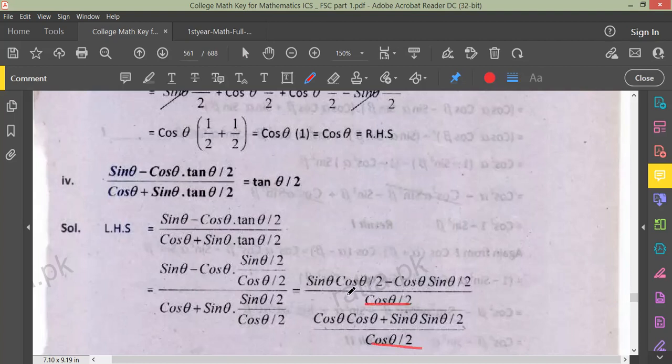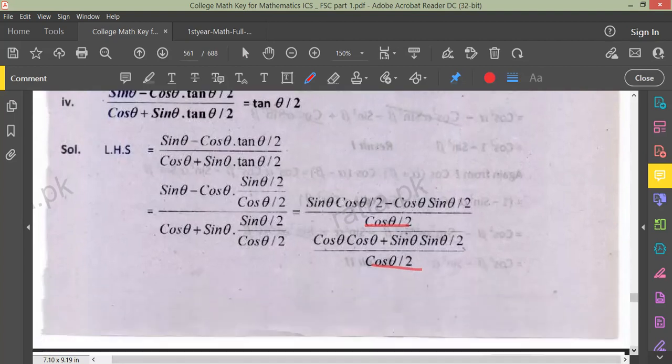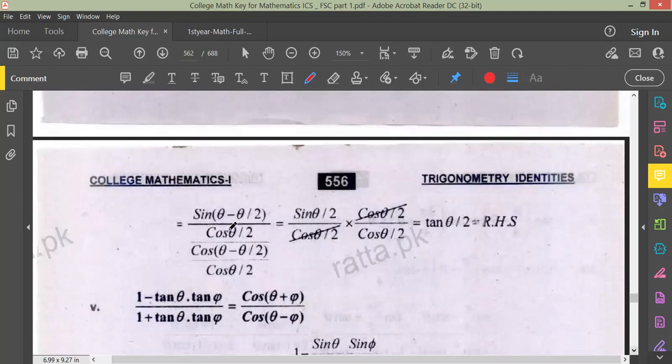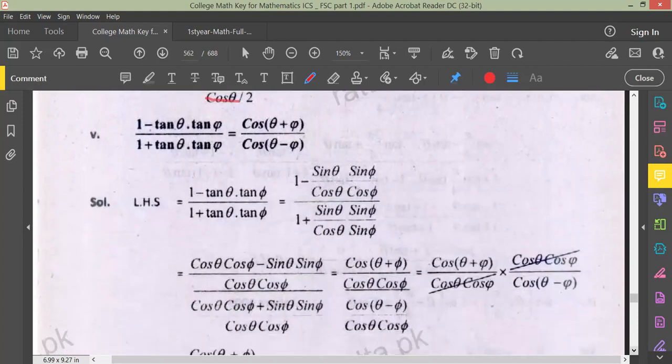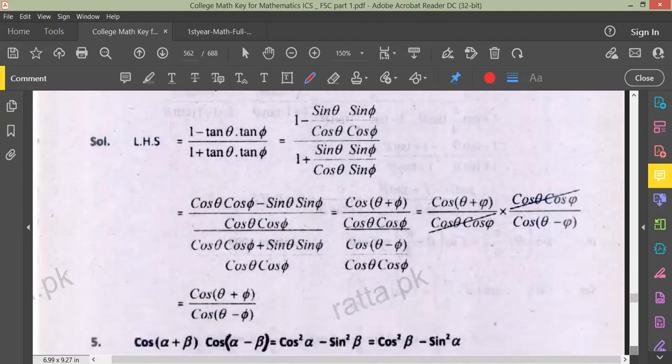After cancelling, you can write it as the formula of sine of alpha minus beta over sine of alpha plus beta. So this expression will be cancelled out, and after subtraction, theta minus theta over 2 will be equal to theta by 2. So sine over cos will be equal to tan theta by 2. Similarly, the fifth part of this question will be the same as the fourth part of question number 4.